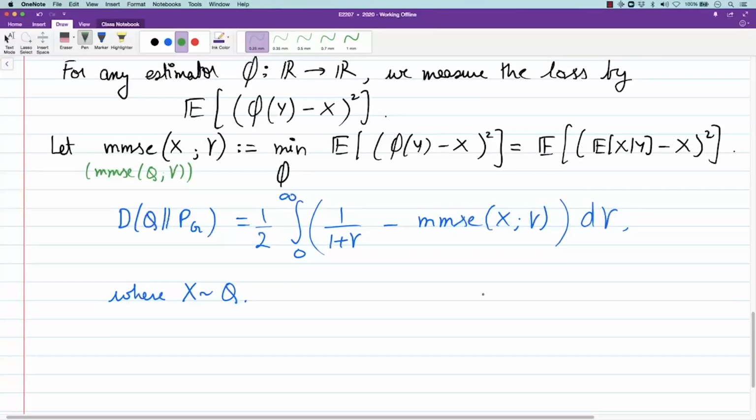Okay. So with this formula, we will now derive Stam's inequality.